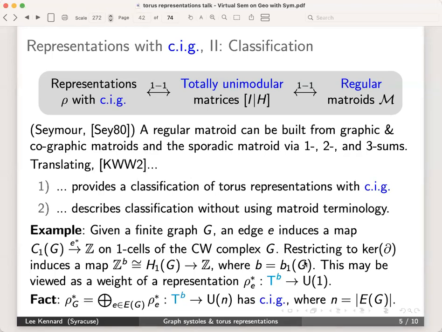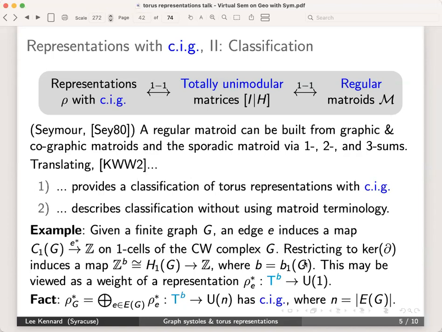We were proving all sorts of estimates and all sorts of structure results for the representations, but we just couldn't prove the optimal result that we wanted. Finding Seymour's theorem, though, gave us an avenue. It told us, okay, we should consider the graphic representations, the co-graphic ones, the sporadic one, and then figure out some kind of lemma for the decomposable ones.